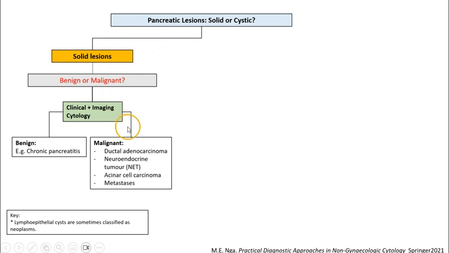So we have looked at solid lesions and had a brief look at the differential diagnosis list as well as the common imaging findings. I just want to show you a snapshot of two of the most common entities. There are separate videos highlighting the cytomorphological features of specific pancreatic entities on cytology.